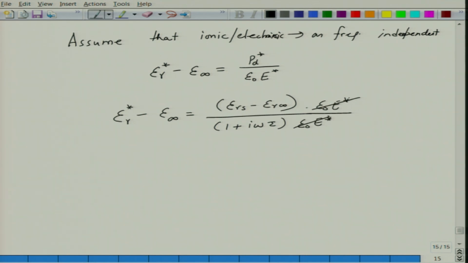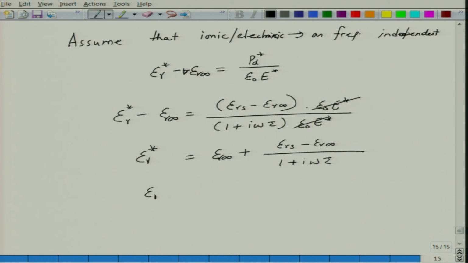These will cancel each other. What we will have is essentially epsilon r star will equal epsilon r infinity plus epsilon rs minus epsilon r infinity divided by 1 plus i omega tau.